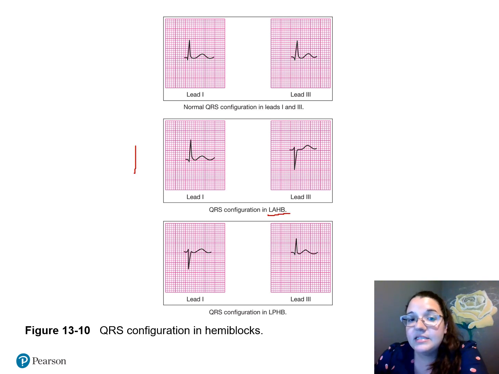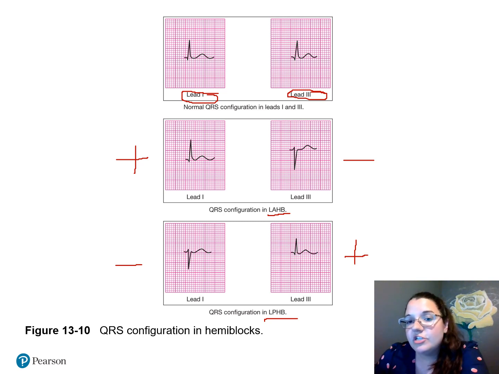I am a left posterior hemiblock if I have a negative QRS and then a positive QRS. Again, what leads are we looking at? Lead 1 and lead 3.